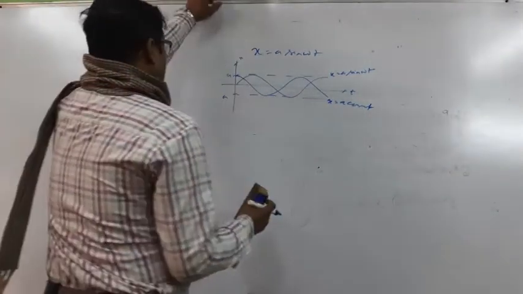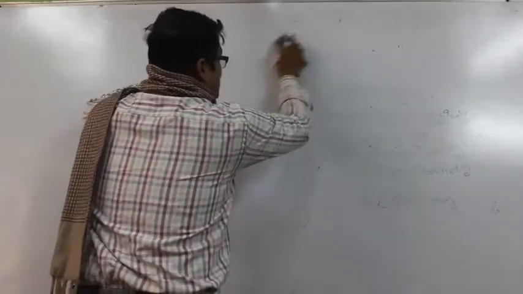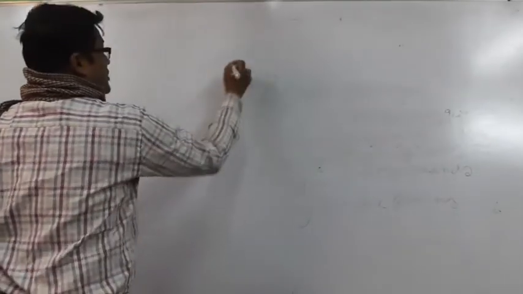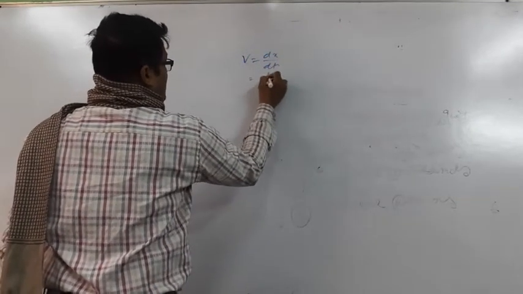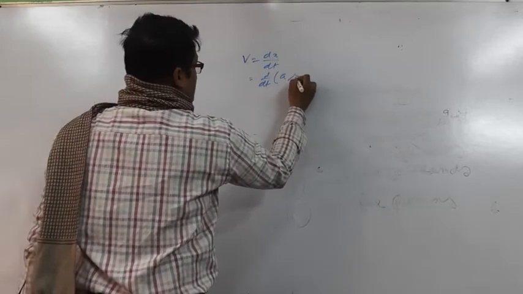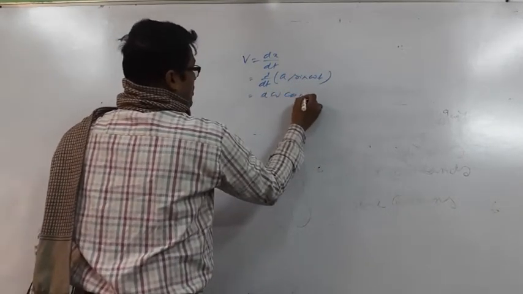Now I am going to velocity. Velocity v equals dx by dt, that is d by dt of a sin omega t, that is a omega cos omega t.